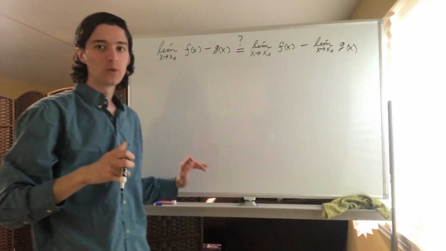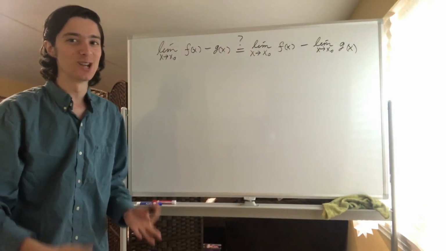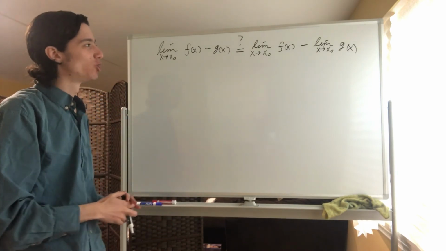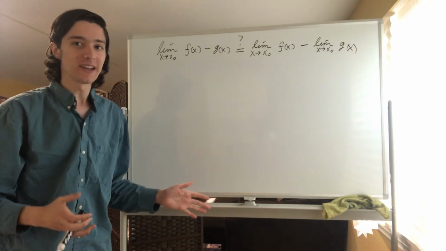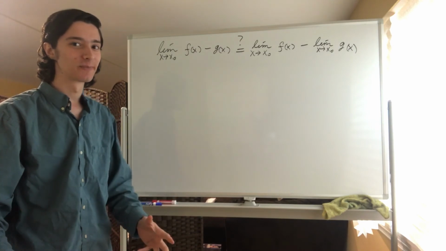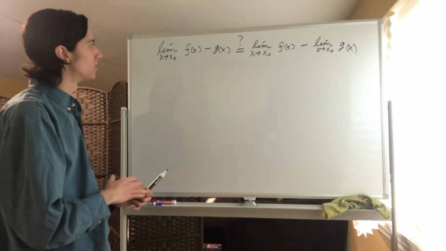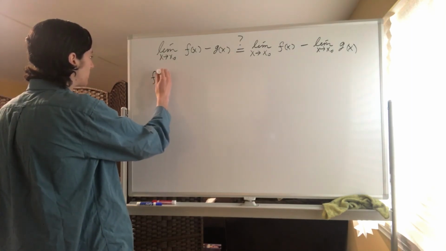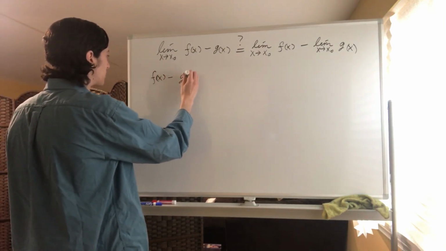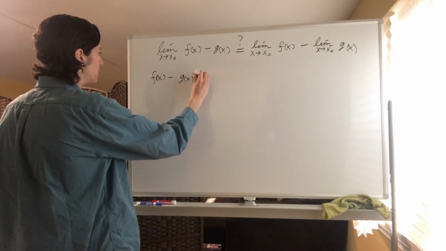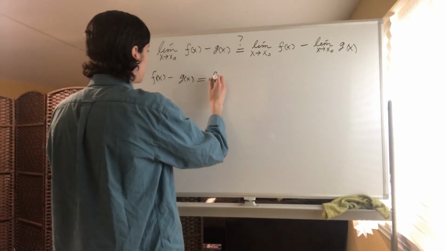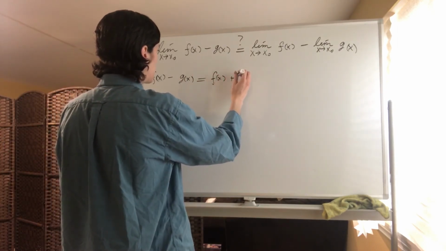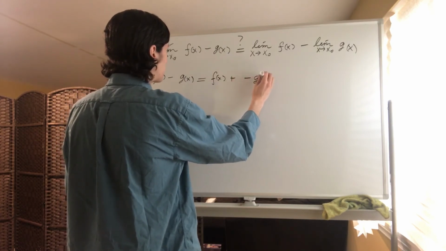And we don't even have to use the definition of these limits to prove this fact. We can actually use the previous laws. So let's take a look here. F of x minus g of x is the same thing as f of x plus negative g of x.